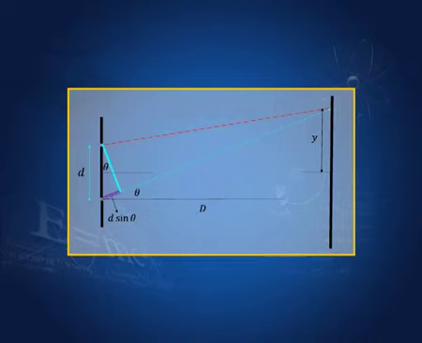fringe. From this we can write y, because sin theta is y by D. So, we can write the distance y equal to n capital D lambda by small d, that is the distance of the nth bright fringe from the center of the screen.